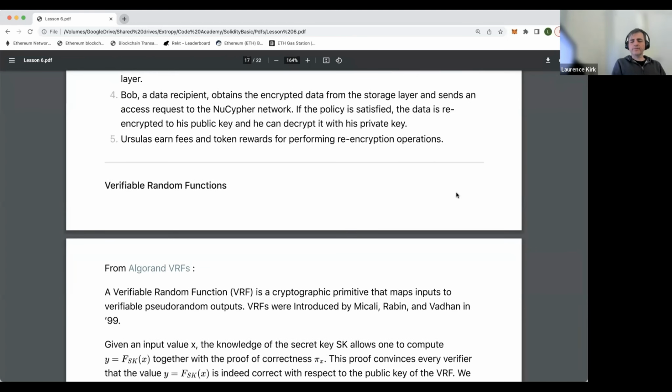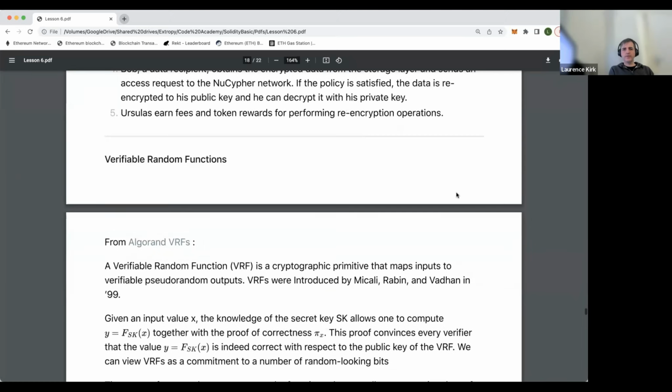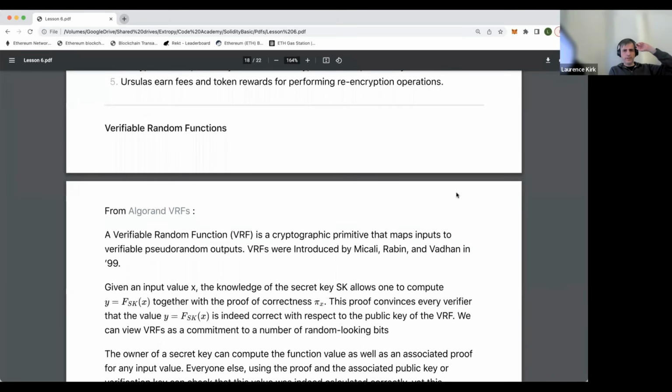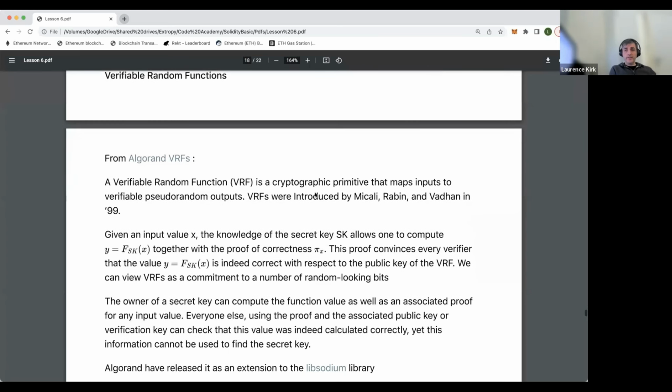Okay, and then another useful piece of cryptography that you may find valuable in your projects are things called verifiable random functions. These are used in Algorand, for example, and they are a way of producing a random value as an output, but doing it in a way that can be verified.